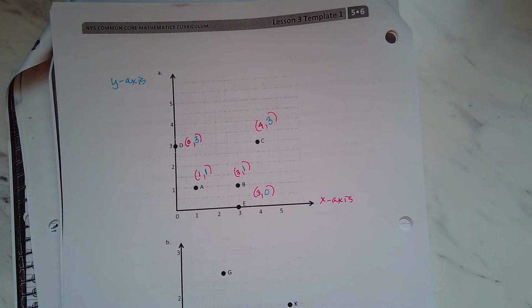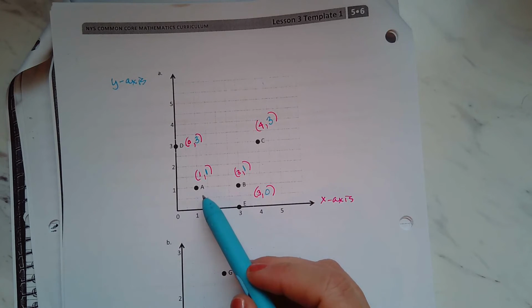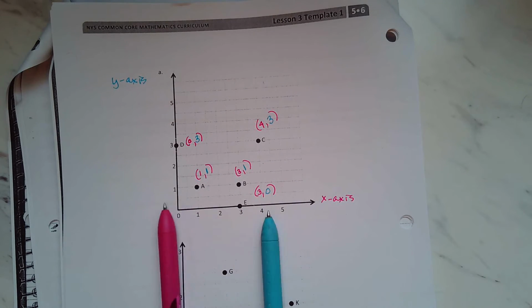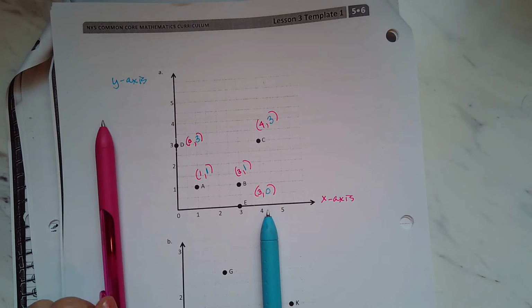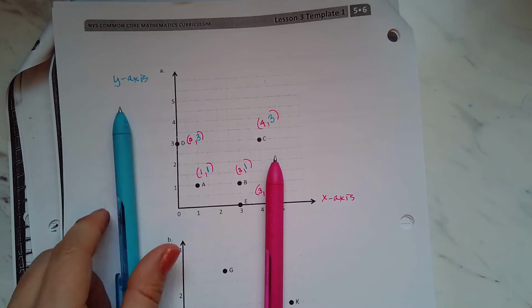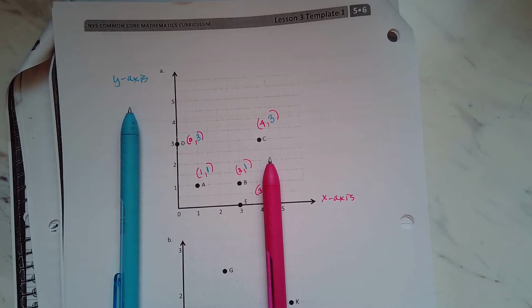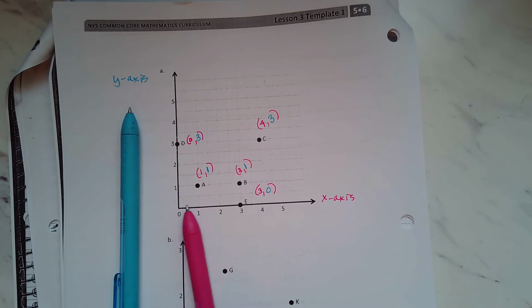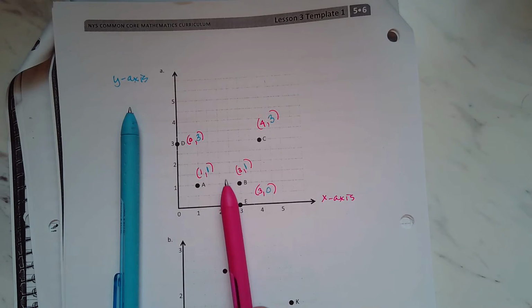All right, so I went through and I labeled our points in our coordinate grid. I labeled the x-axis and the y-axis to begin with. Then I went through and for my x coordinate, I used pink, and my y coordinate, I used blue. Now remember, you always go straight across before you go up.